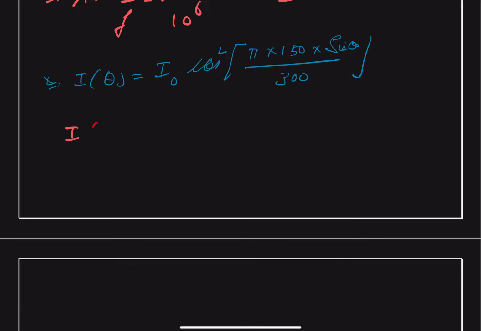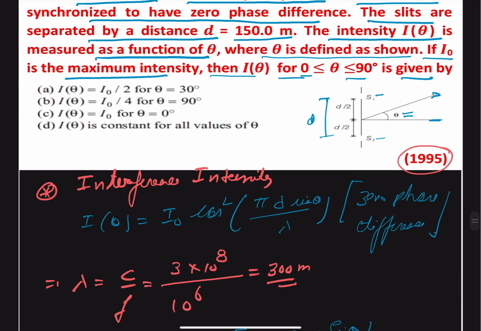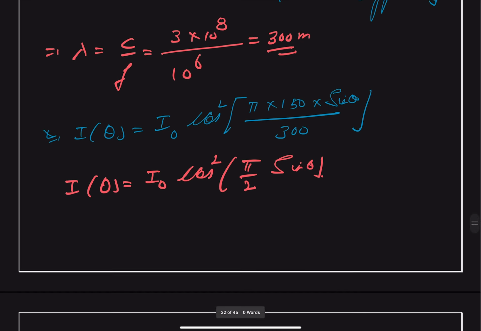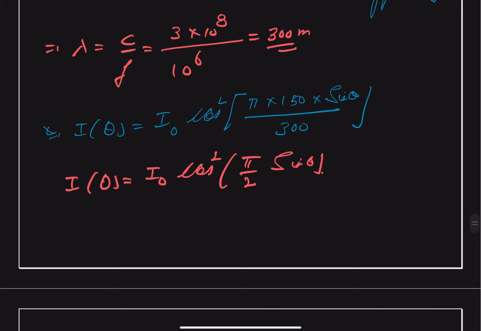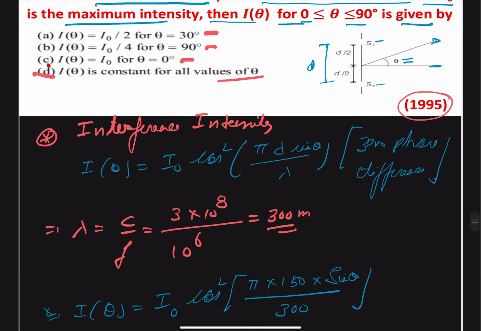So we get I of theta is equal to I naught cos square of pi by 2 sine of theta, and we can just choose the values of theta which are given: 0, 30 and 90. The last option says that for all values of theta it will be constant, which is not actually the case because I theta is dependent upon sine of theta. So this will be the wrong option.